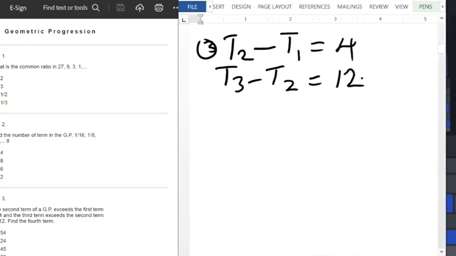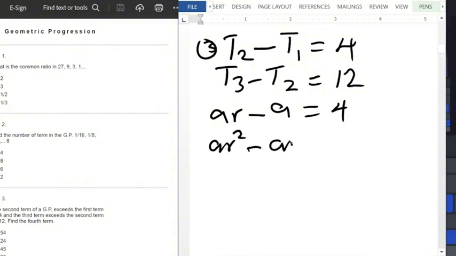To find the fourth term, we write the terms from the nth term formula. The second term is AR, minus the first term, A, equals 4. Then the second statement, T3, that is AR raised to the power 2 minus AR, equals 12.